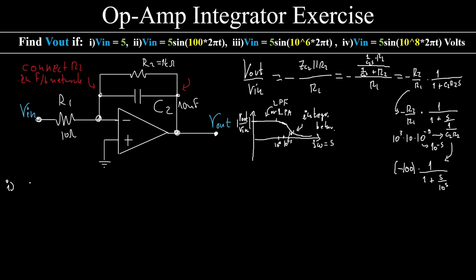Alright, let's go ahead and try to find the first signal. For inputs of 5, this frequency obviously is 0. That means that this whole thing is 0, so this is minus 100. So the out is going to be minus 100 times 5. Constant value, minus 500 volts.